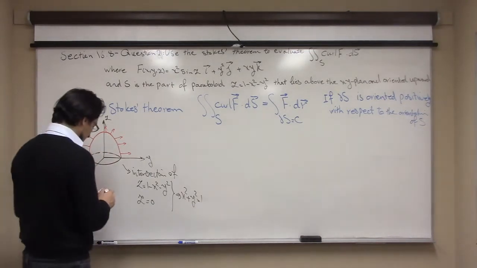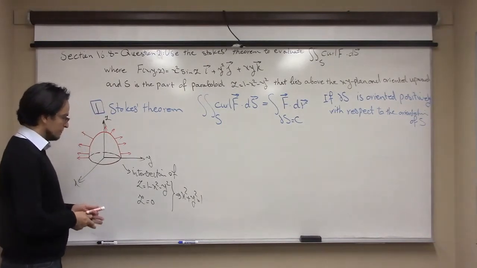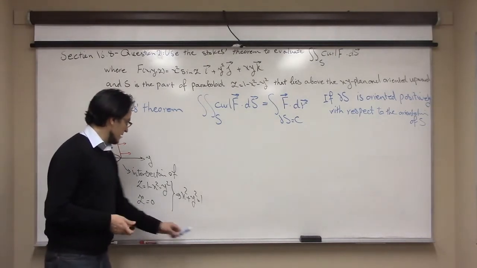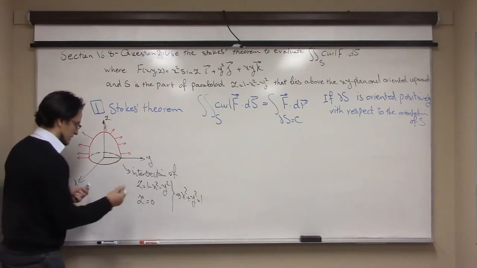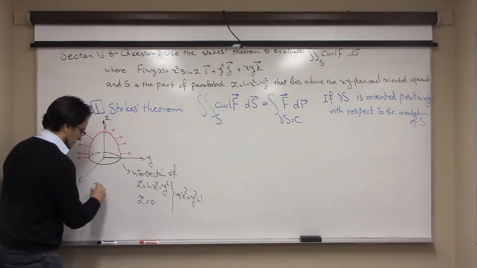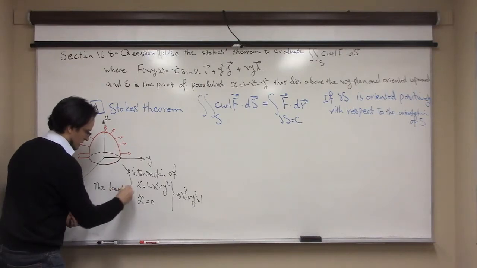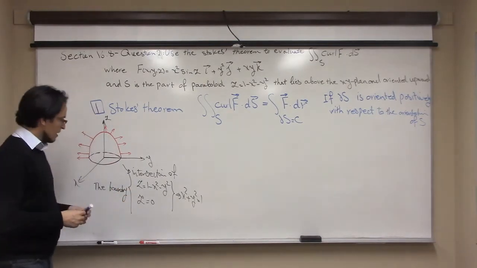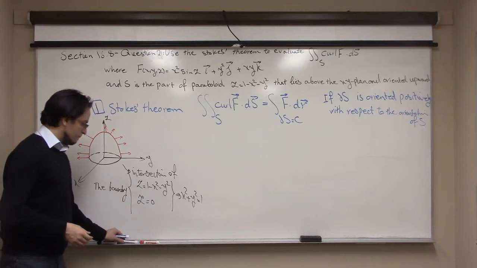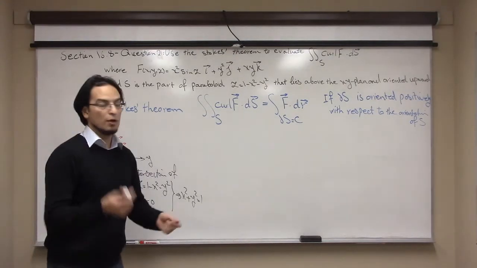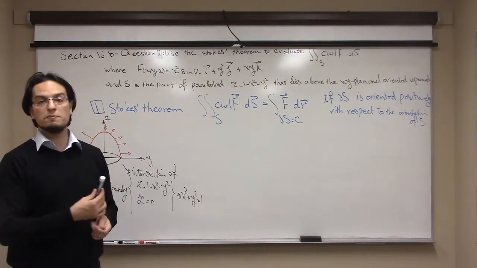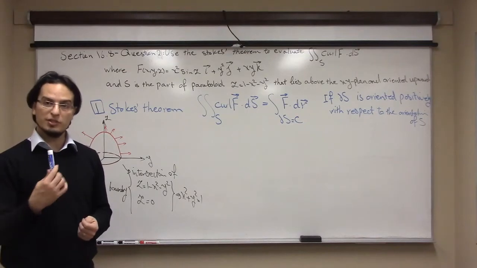Okay, what about the right orientation for the boundary? So let me write, this is the boundary. The boundary is this guy. Okay, what about the orientation? The boundary should be oriented positively with respect to the orientation of the surface.